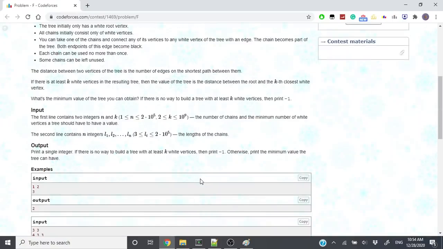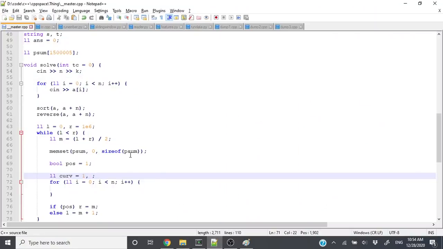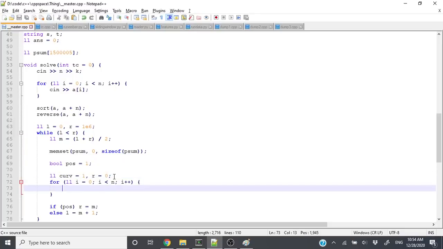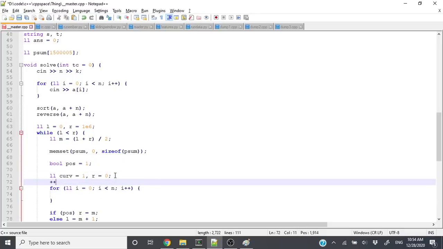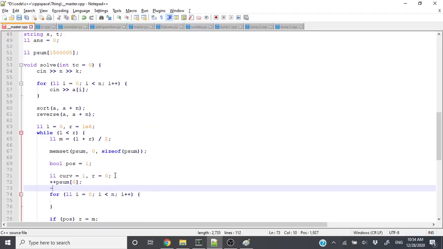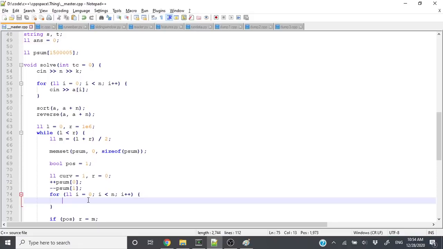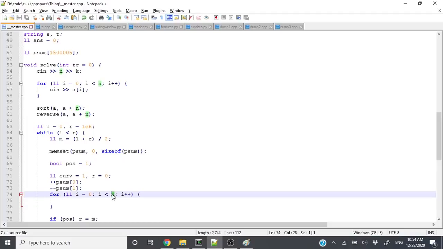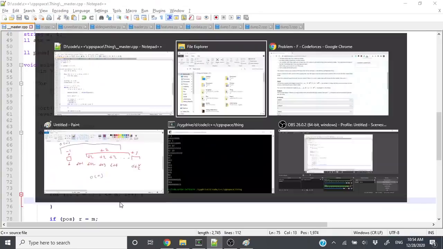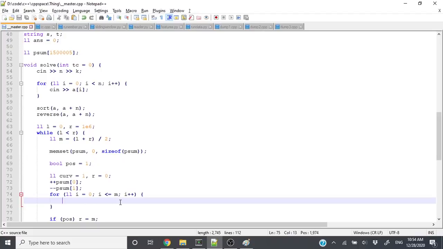I just want to AK this because I've never AK'd an edgegram before, and it's cool. So plus psum 0 minus psum 1. This technically doesn't need to go up to equal to, but that's fine. It's not that big a deal.